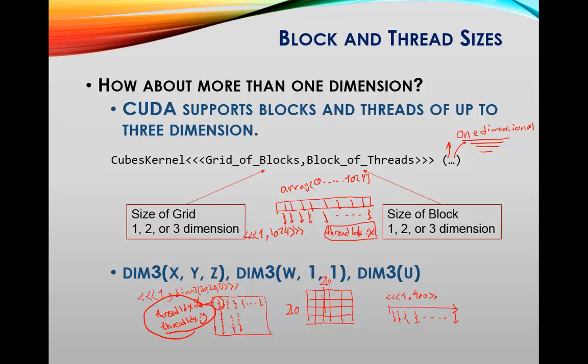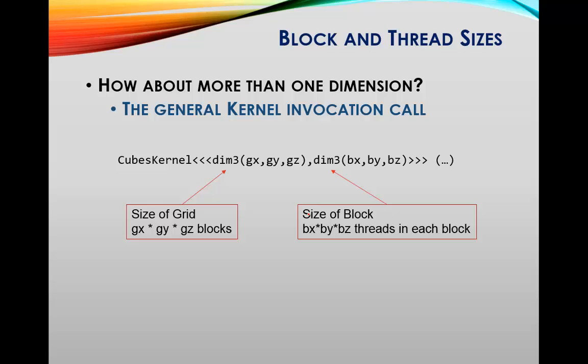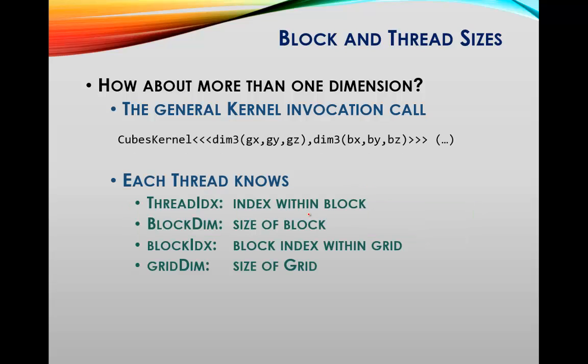That would create a one-dimensional array of threads or a one-dimensional array of blocks, depending on whether you put it in the grid location for your kernel call, or your thread block size dimensions.